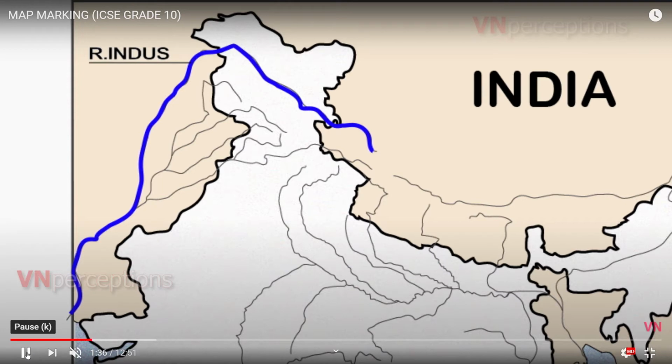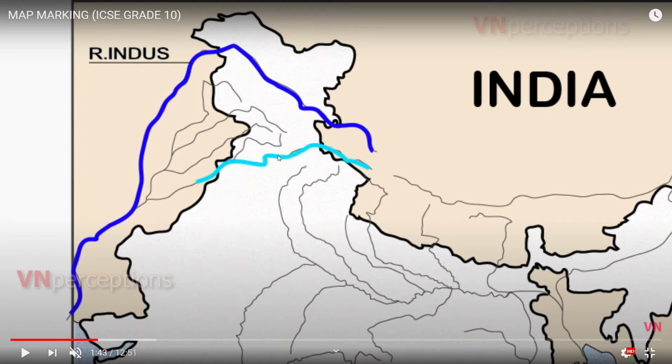The first and the most important tributary of river Indus is river Satluj. When marking river Satluj, again you make the source from near the same place. This is the neck of India, and this is the Uttaranchal border. Where Uttaranchal ends, Himachal Pradesh starts, so it enters India here in Himachal Pradesh.